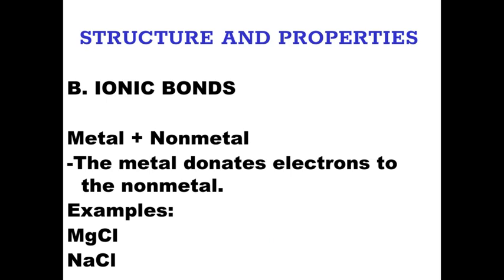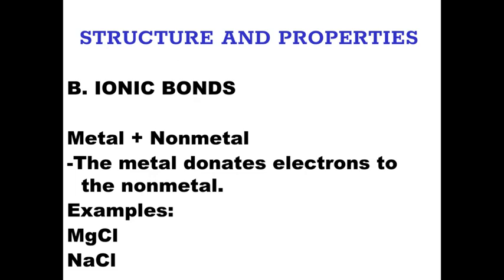So then we get to the point where, what is an ionic bond, right? So an ionic bond is your positive with your negative. Okay, so your positive ion gets attracted to your negative ion, which means your metal gets attracted to your non-metal. And what happens is the metal actually donates a valence electron to the non-metal.